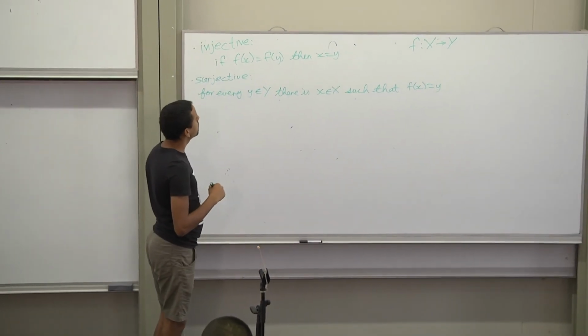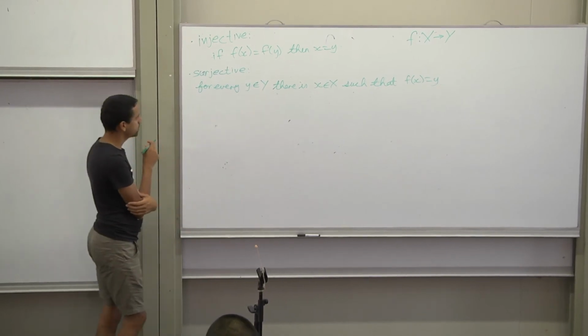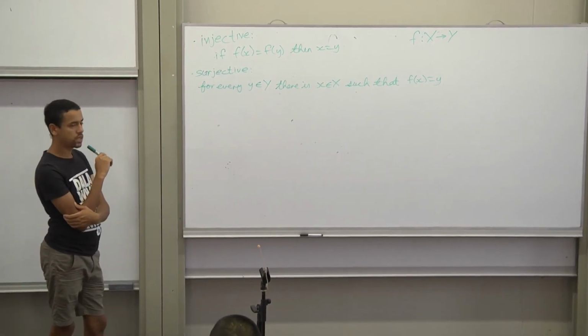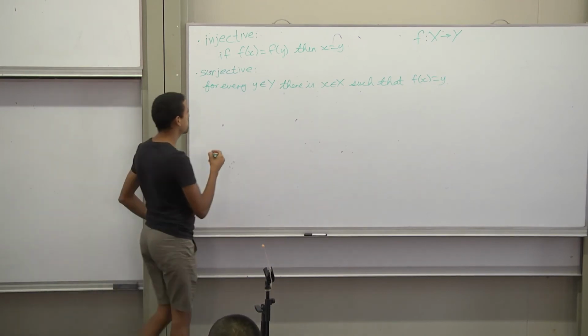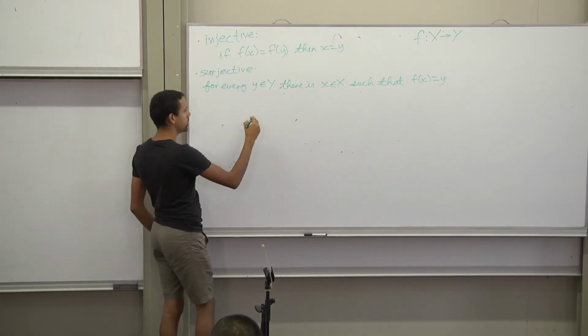Okay. An example of how to show that a function is injective or surjective. Let's suppose you've got the following functional equation.